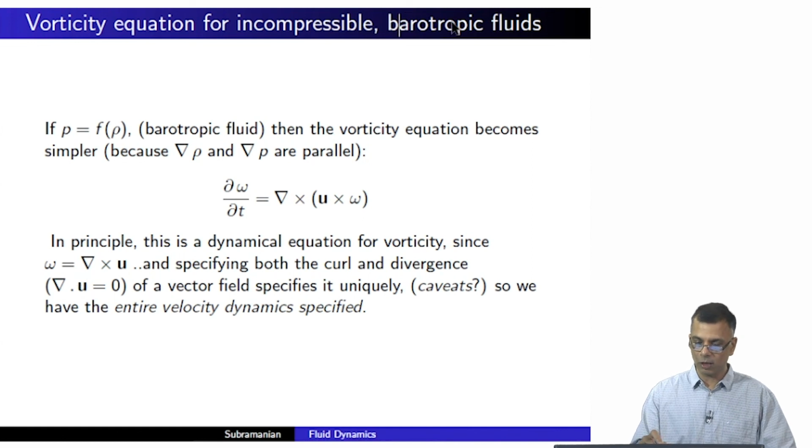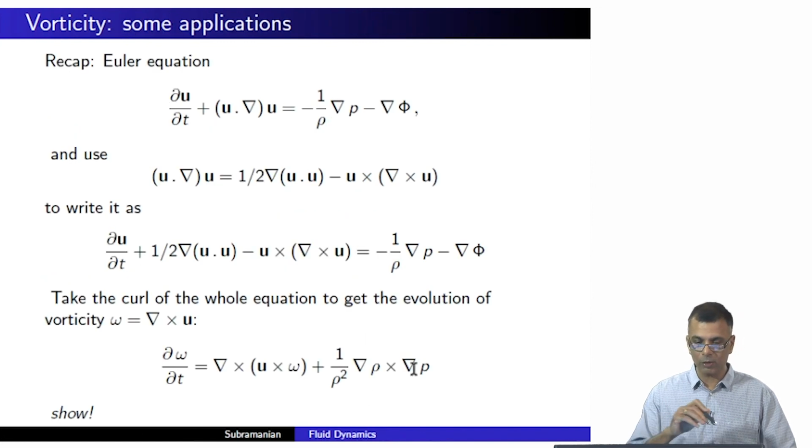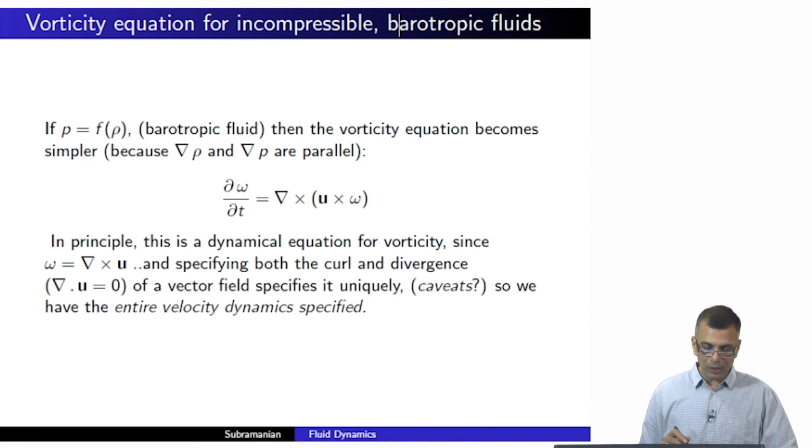And of course, we are also talking about barotropic fluids, which is how we were able to throw away this last term. But the point is, you are looking for an evolution of the curl, and you're looking at a situation where the divergence of u is 0.